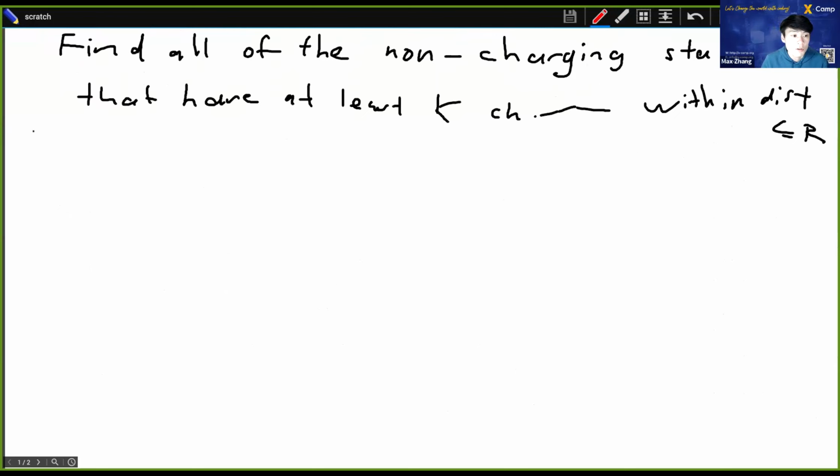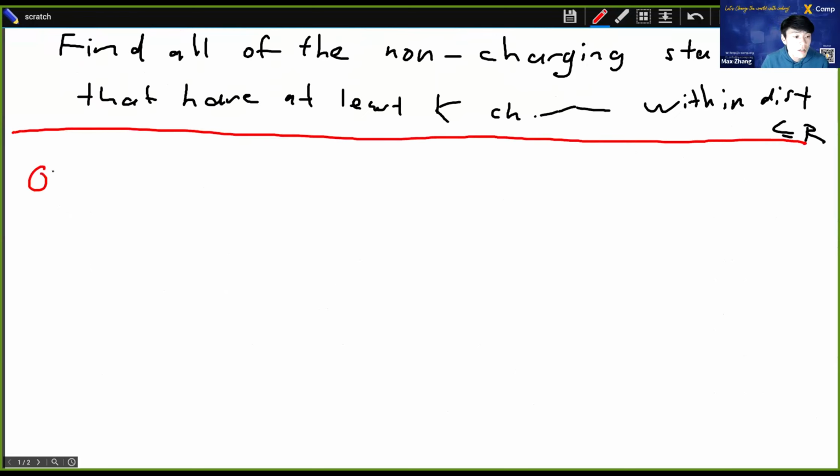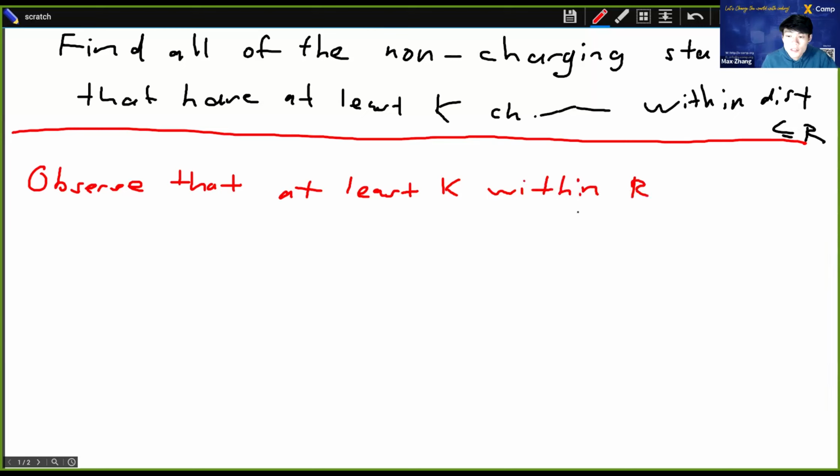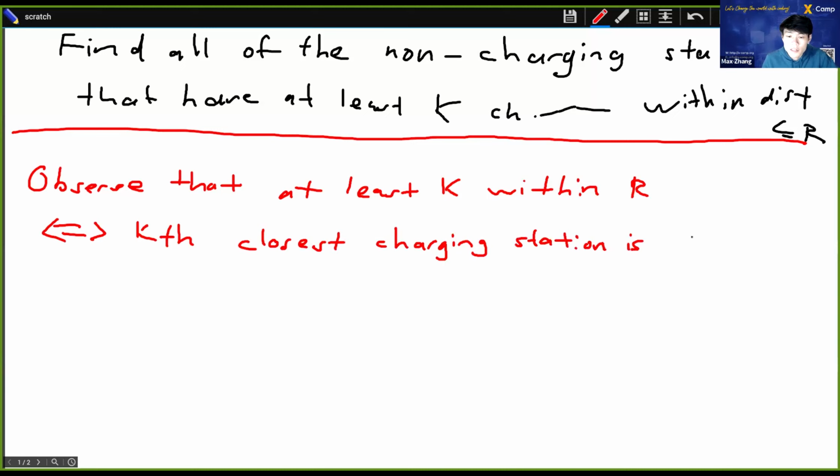And the trick is to observe that the condition that we need, at least k within R, is equivalent to saying that the kth closest charging station is within R. Right?